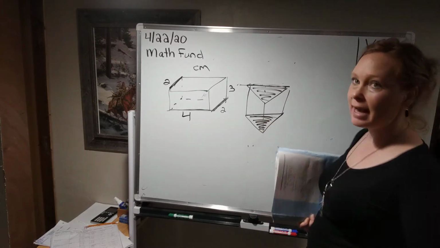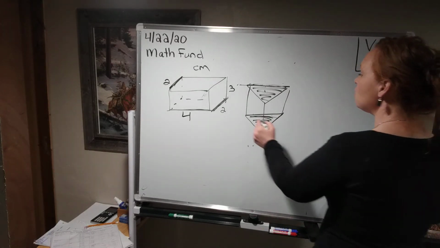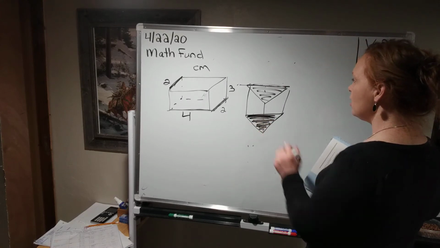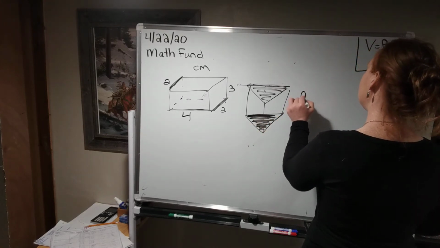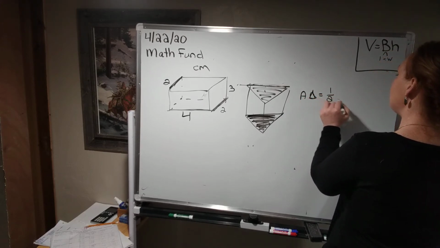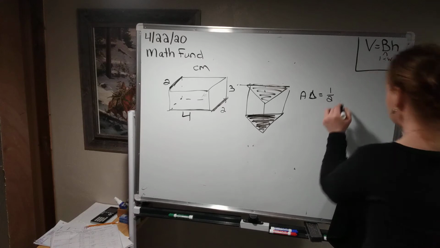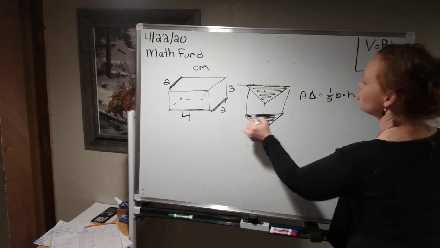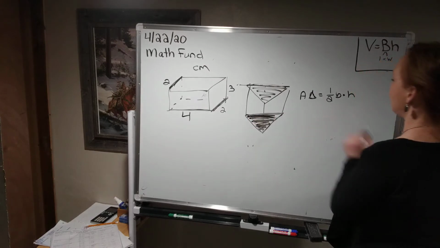So this is a triangular prism. How do we find the area of the base of a triangle? If you remember, the area of a triangle equals 1/2 the base times the height. That's just to find the area of the base.